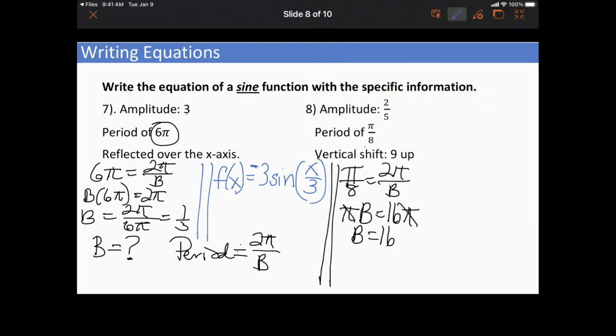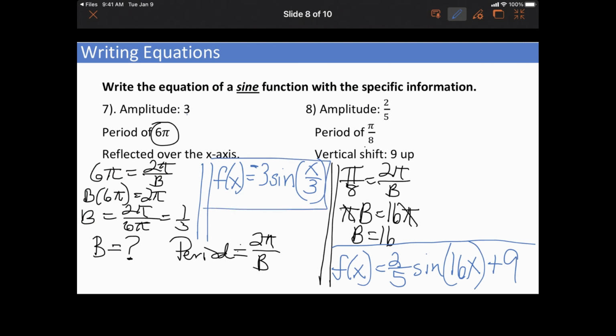Okay, so it is some function I can call f of x. My amplitude is 2/5 sine of bx. And I have a vertical shift, so I'm going to put parentheses around that and up. So that's plus 9. Right. There's your equations.